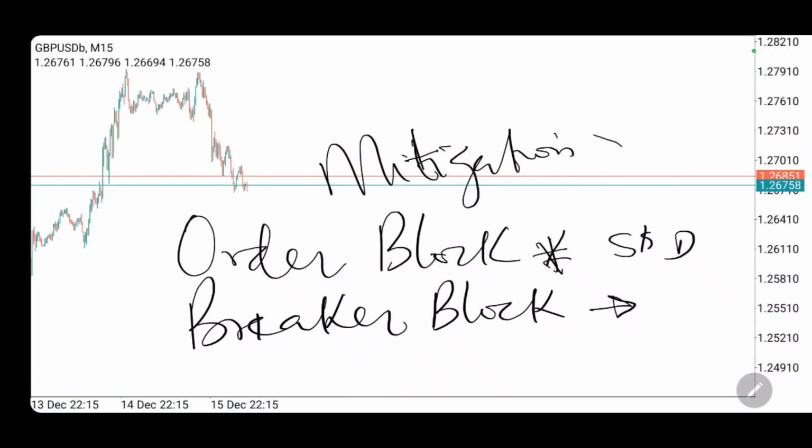Mitigation is a process whereby price comes to a demand zone that has been previously formed and buys from it. Mitigation could also mean when price comes to a supply zone to sell from the zone. So that is mitigation, whereby orders are being filled, whether in a buy scenario or in a sell scenario. But that is not what we're talking about today.